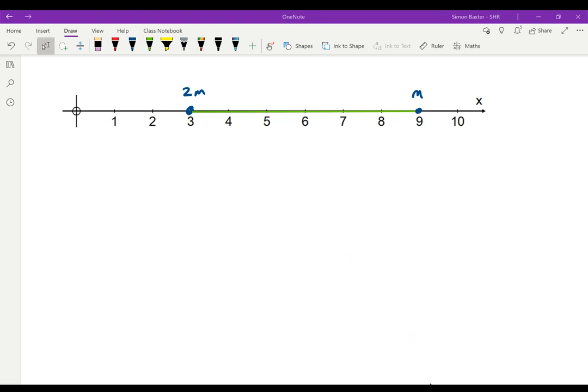Let's look at the formula x bar equals sigma mi xi over sigma mi. In this case, for mi xi, the first mass is 2m times 3. The second mass, plus m times 9.